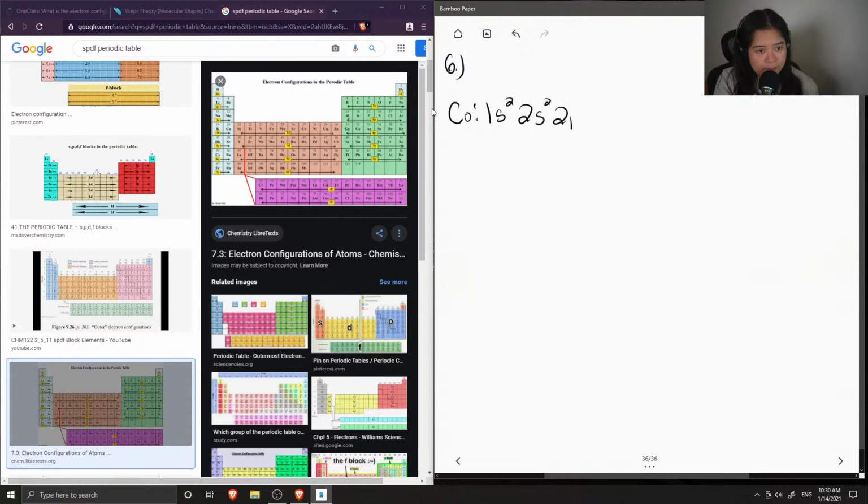then moving across the periodic table to the 2p, and then if you count it out, you have 2p6, and then down to 3s, we write 3s2, and then 3p6.